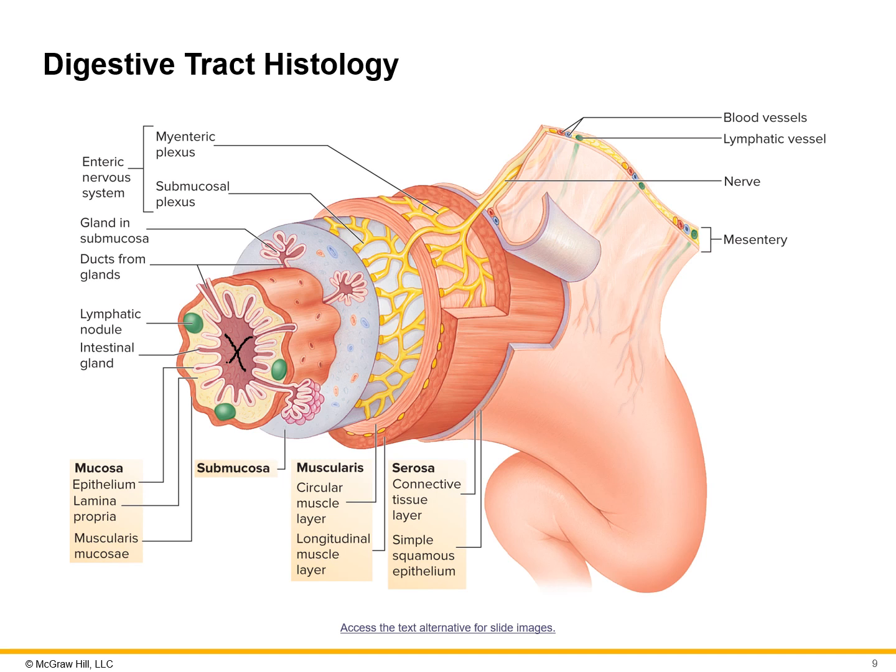So the black X here represents the lumen, and as you can see, this is a lumen that has multiple folds. It has grooves and indents and folds in order to increase the surface area. Over here, there is a gland represented, and here you can see the opening of a gland as well.